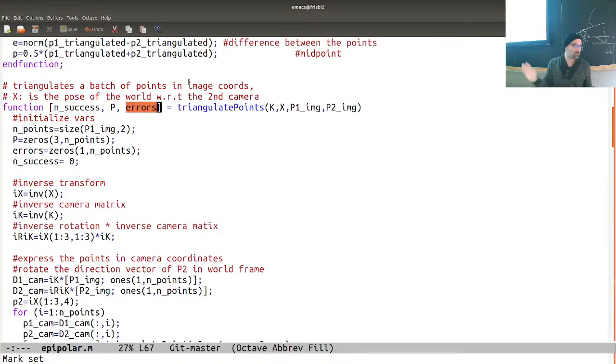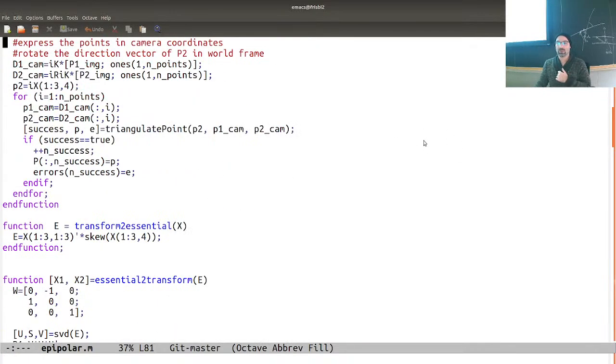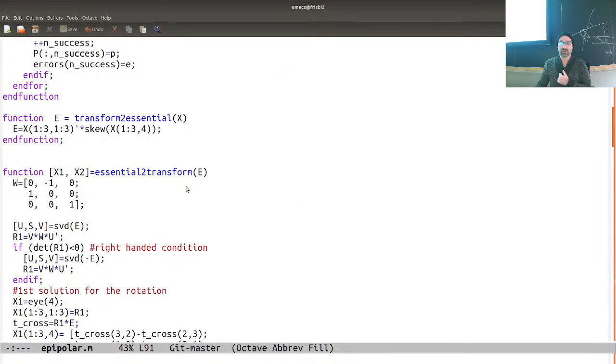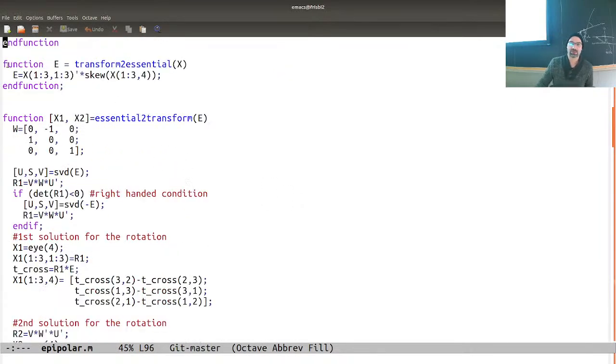Clear? Easy. Now, then we have clearly functions which are straightforward: transform to essential and essential to transform. Transform to essential, we have seen it. If we have R and T, we can calculate the essential, where X is a homogeneous matrix. Okay?